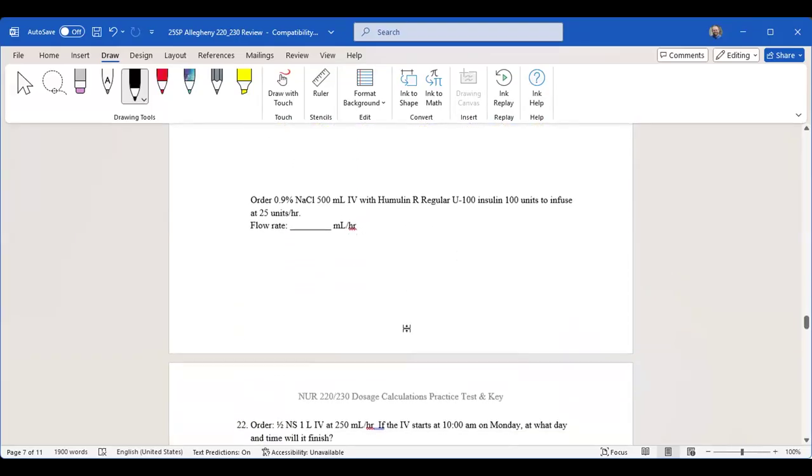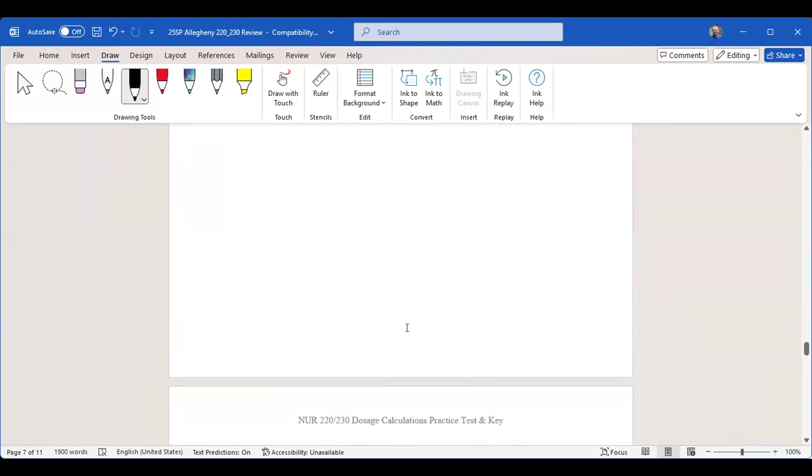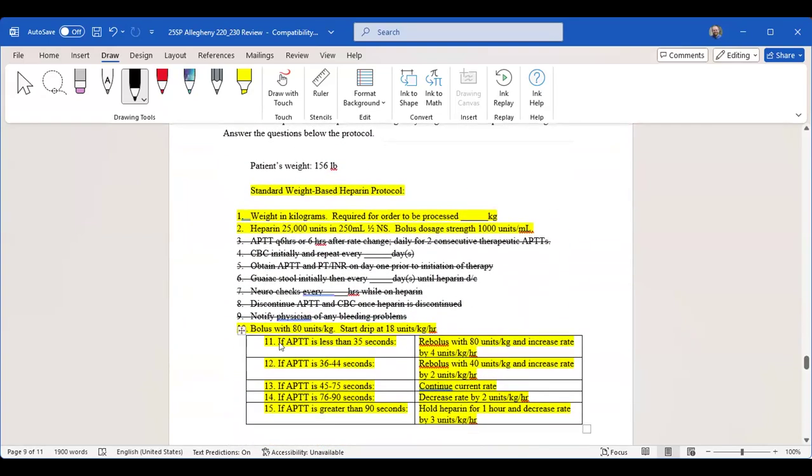Let's get into the heparin question. If I can find it. All right, so the heparin question. When I added these questions, and this is something I think will be changing at some point, I just copied and pasted the entire heparin protocol.